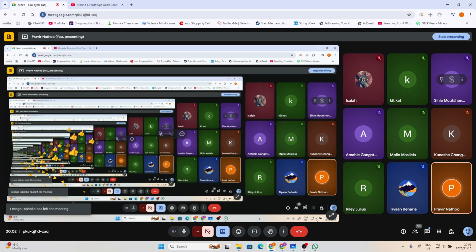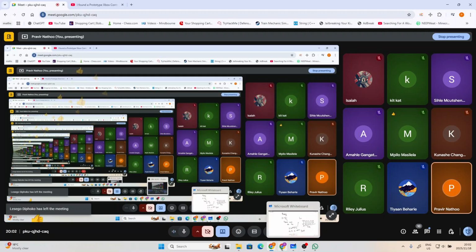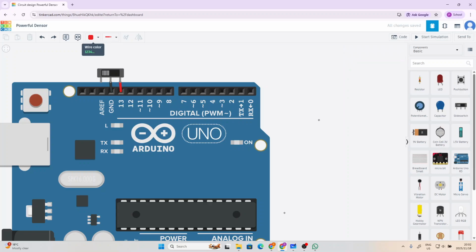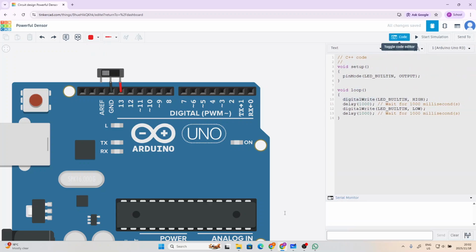Does everyone understand? Okay, right. Moving back to our code, on the keyboard, what this means is when we say analog, let's change this to analog.